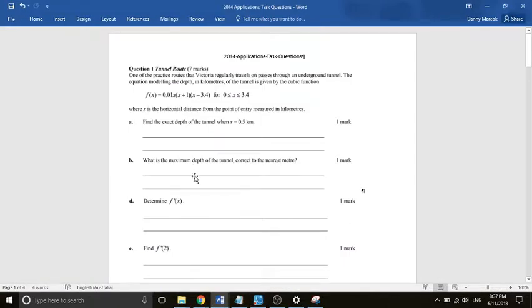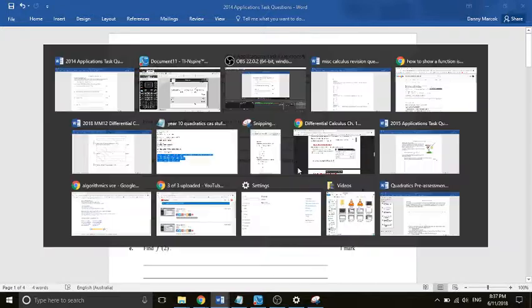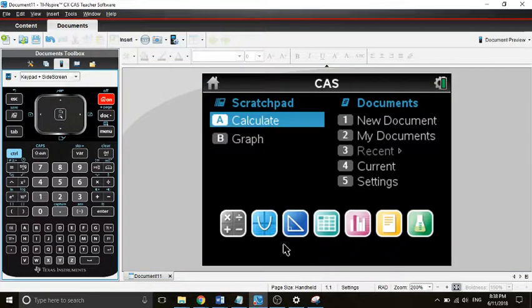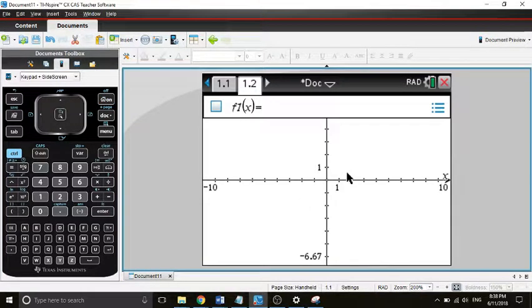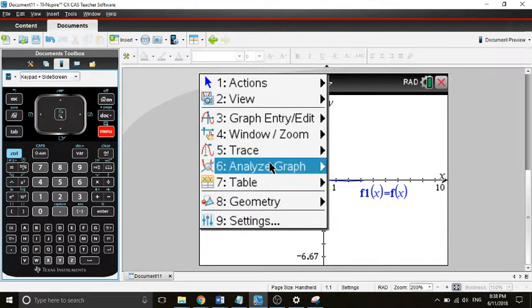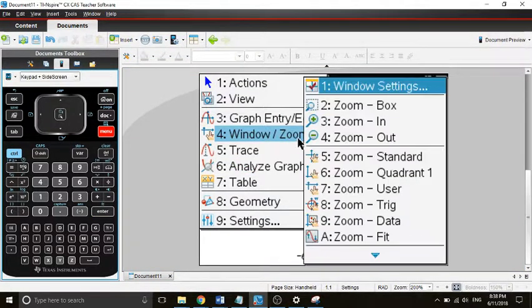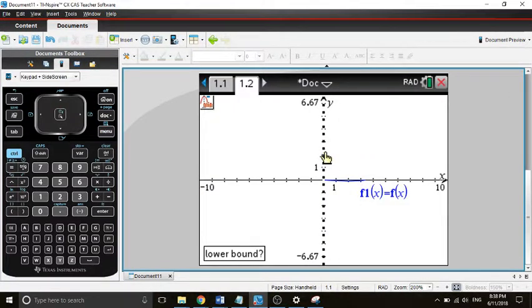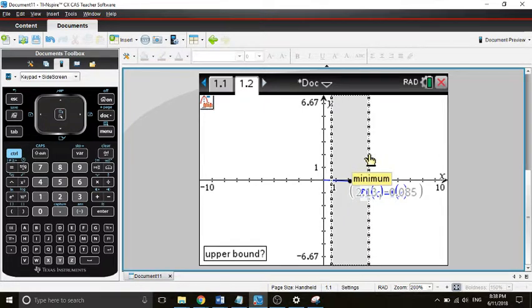Okay, what is the maximum depth of the tunnel correct to the nearest meter? So let's graph this. Let's see, the maximum depth of f of x. There it is there. We'll analyze graph, minimum, and go from here to here.